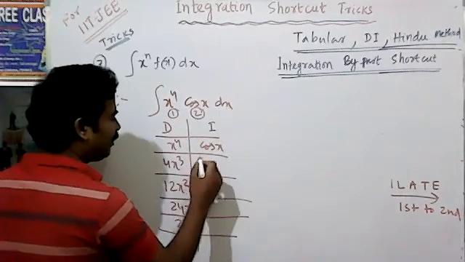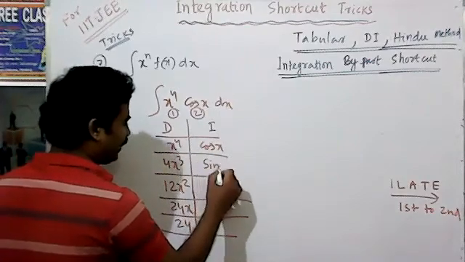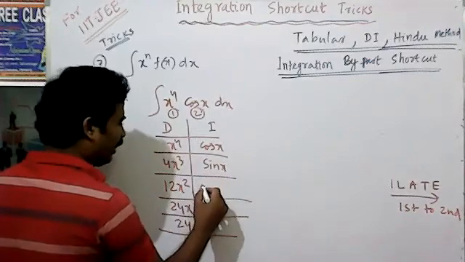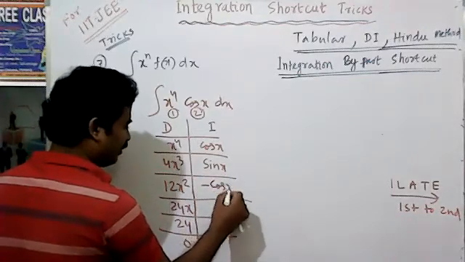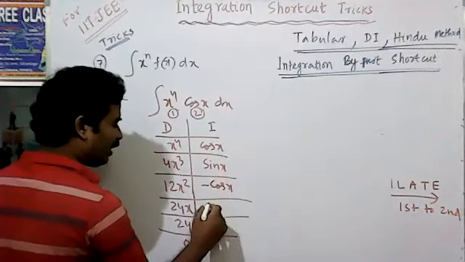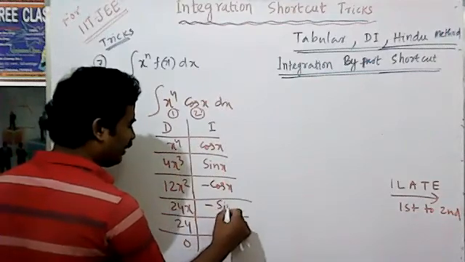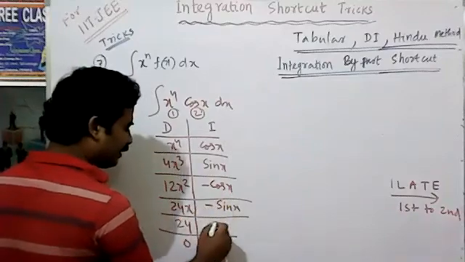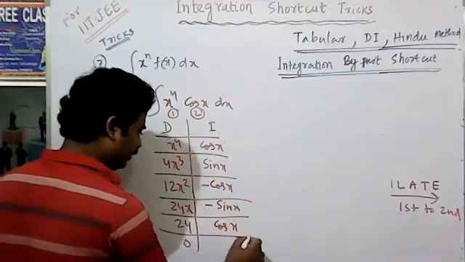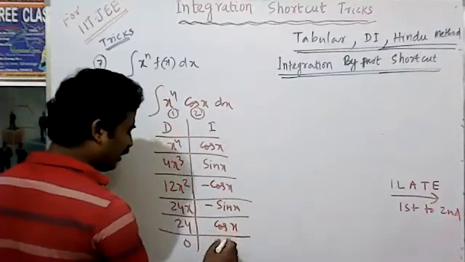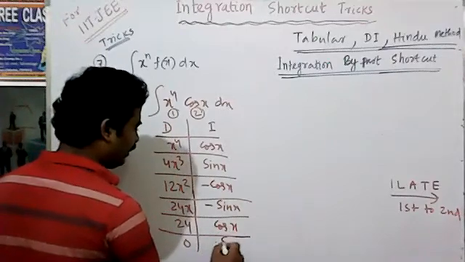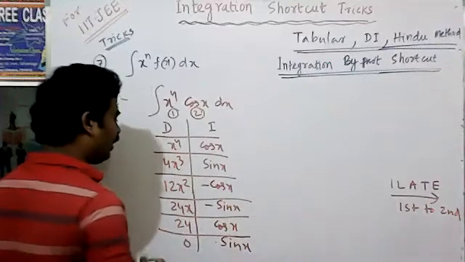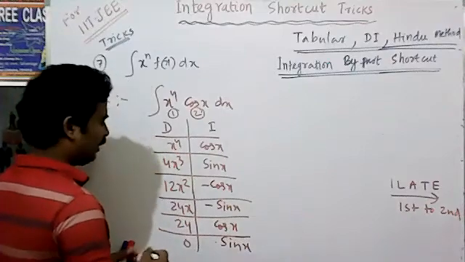Now the integration of cos x is sin x. Then the integration of sin x is minus cos x. Then the integration of minus cos x is minus sin x. Then similarly the integration of minus sin x is cos x. Then the integration of cos x is sin x.